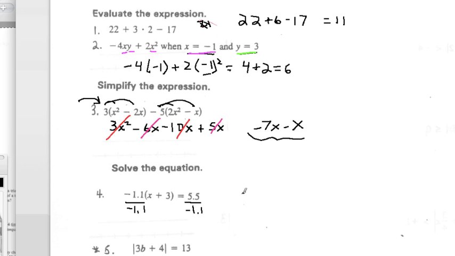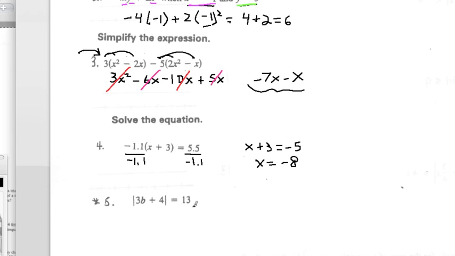And we get x plus 3 is equal to negative 5, or x equals negative 8. You could distribute this and then combine like terms and get the x by itself. I don't really care how you do it as long as you're thorough and you get the right answer.